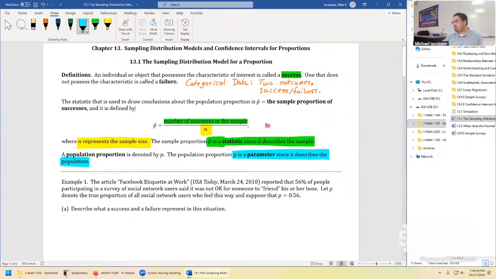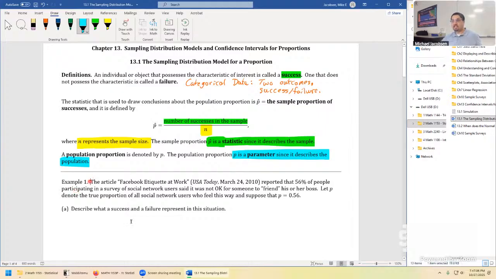But the major formula is this one in the middle. Once we know what a success is and what the sample size is, we can calculate p hat. We'll be doing that in some of these problems. So this sets up the problem, but the major task of example 1 is also going to be seeing how the normal distribution enters into the problem.